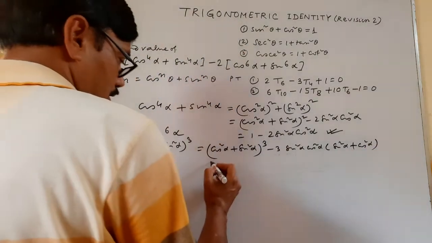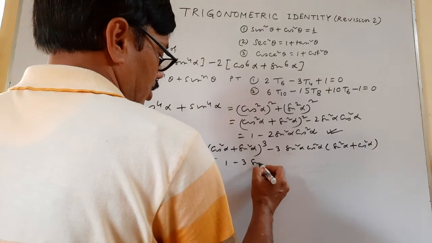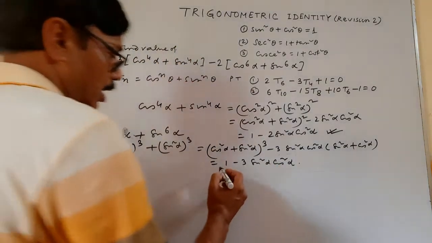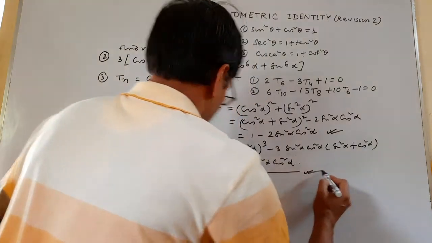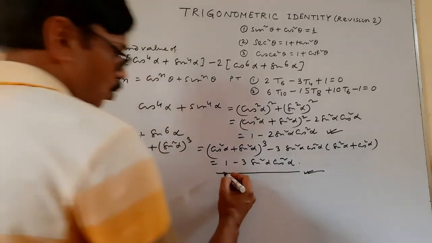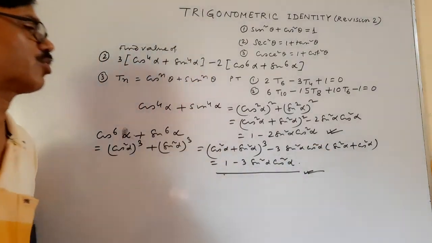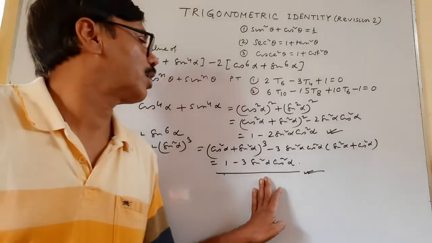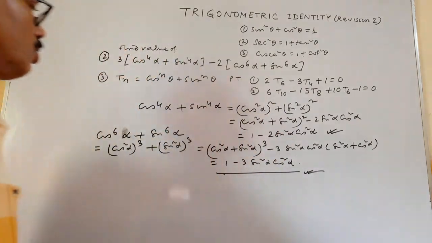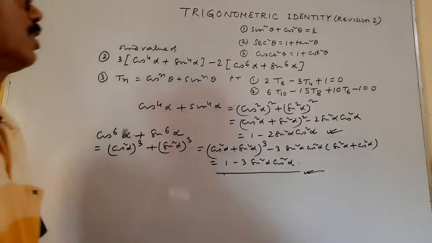So this is 1 minus 3 sine square alpha cos square alpha. In class 11, we always use this: if it is cos to the power 6 plus sine to the power 6, it is 1 minus 3 sine square alpha cos square alpha. And if it is power 4, 1 minus 2 sine square alpha cos square alpha. So we use this result.